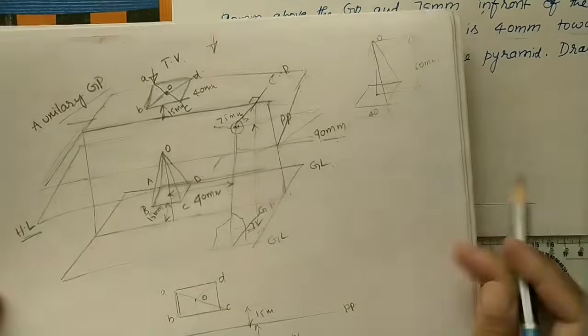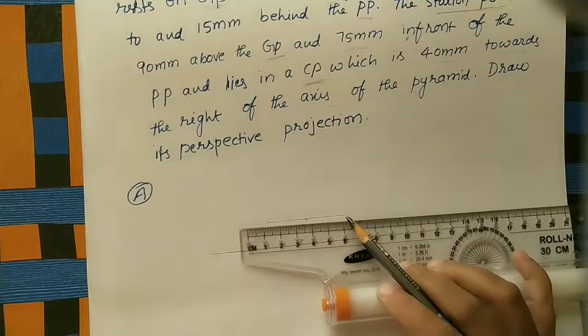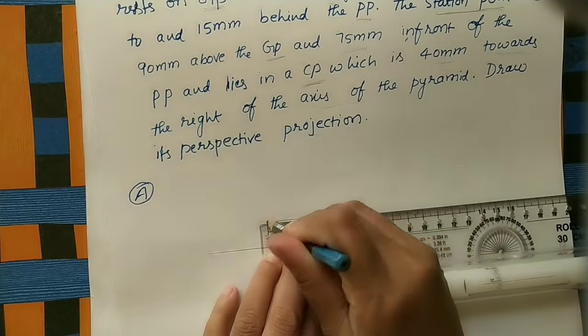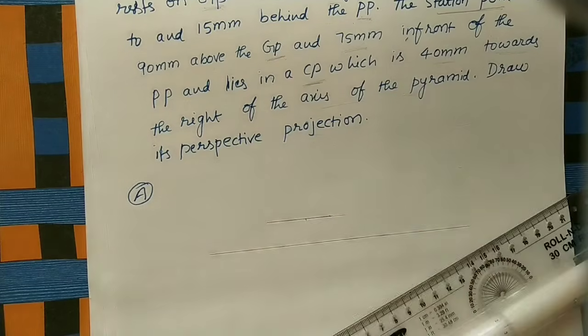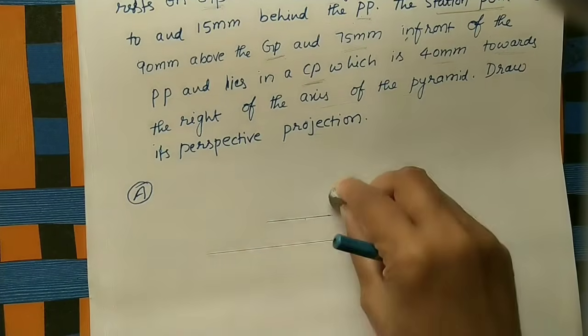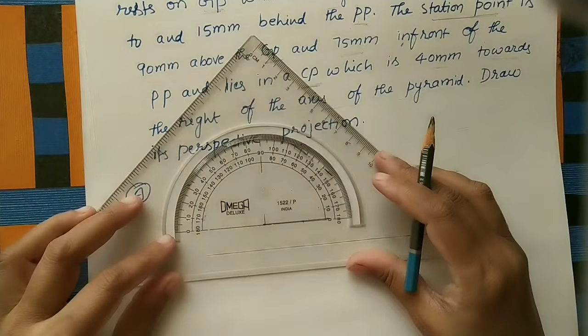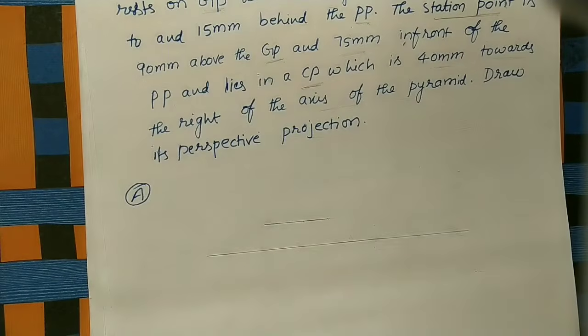Square side 40 mm, so 4 centimeter. Let us take 4 centimeter on it. Make it dark. Remove the extra line and take 90 degrees. So in this direction 4 centimeter.